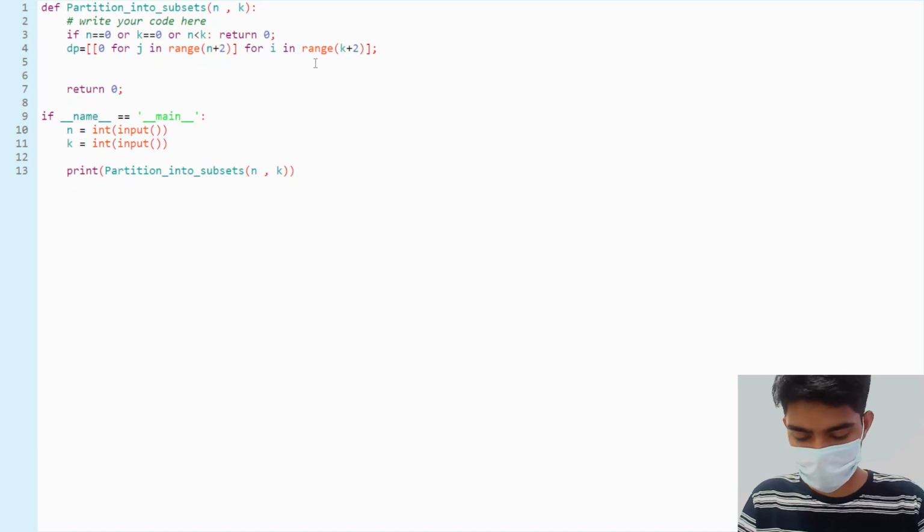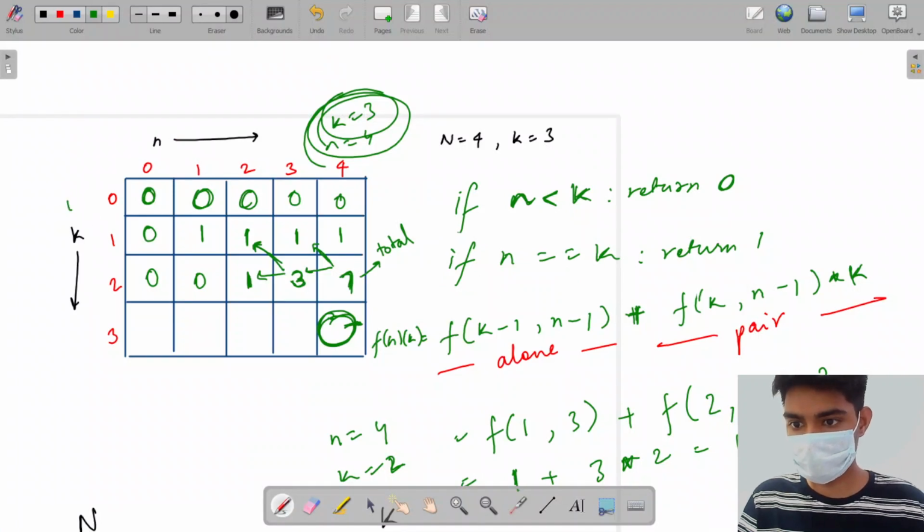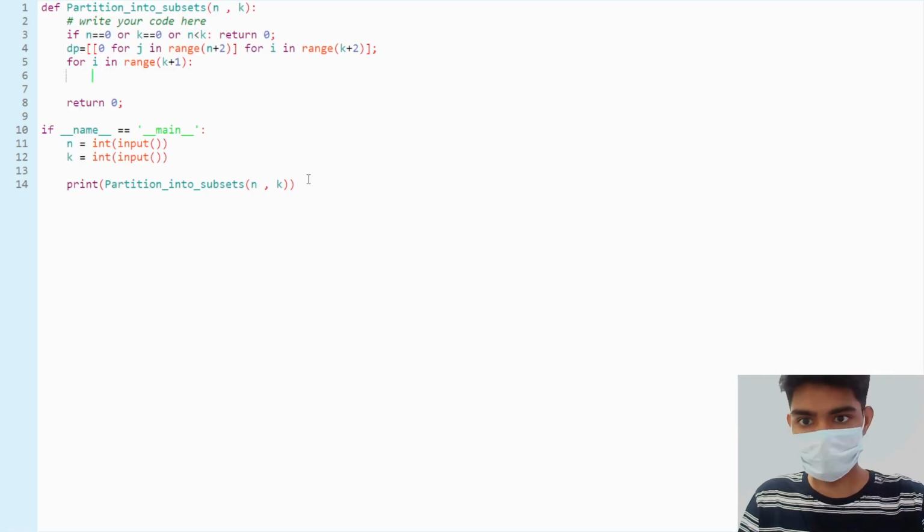Okay, now for i in range of k plus 1, because in DP of i comma j, i is going for k. So i here is representing my k and j here is representing n, right?